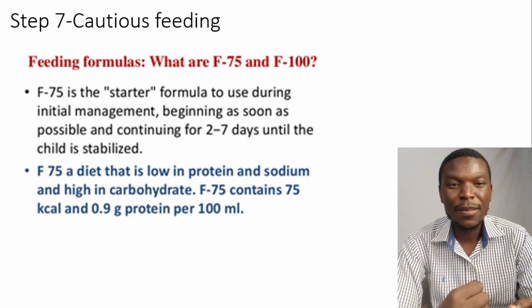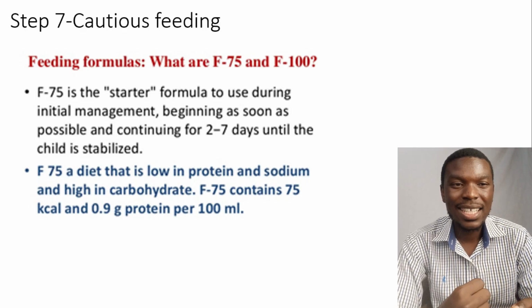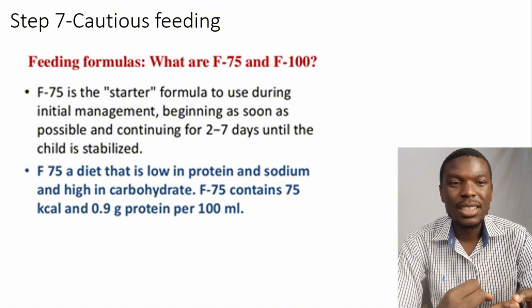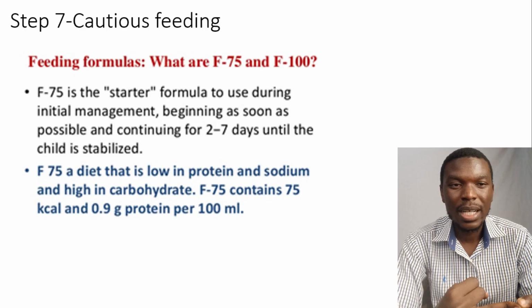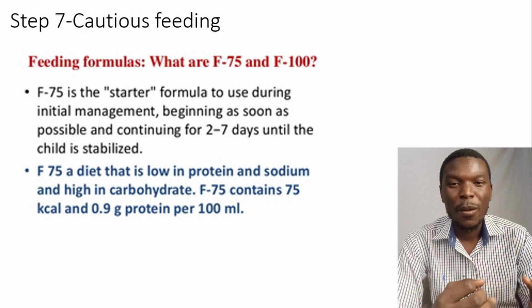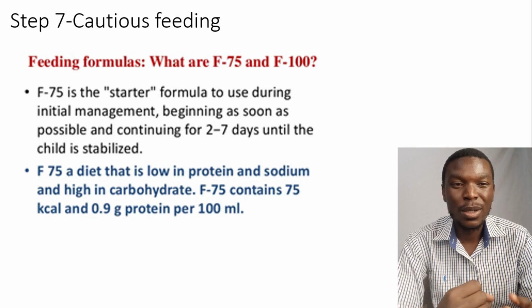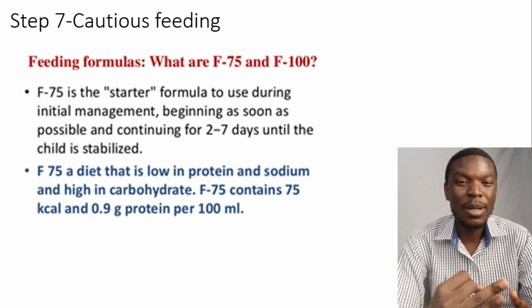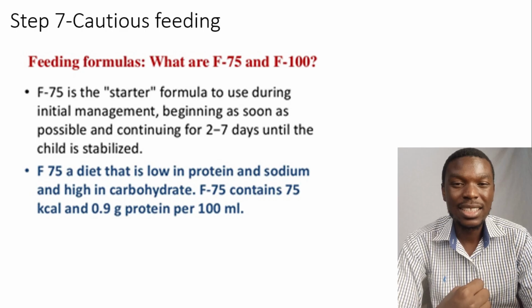This F75 is a diet that is low in proteins and sodium and high in carbohydrates. So we are supplying a lot of energy. This is why we have a lot of carbohydrates. Remember, in these first 7 days, the child is usually hypoglycemic.